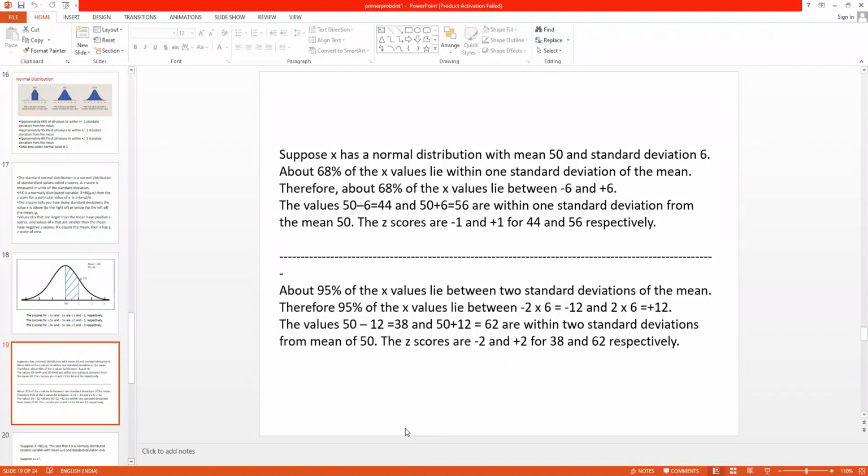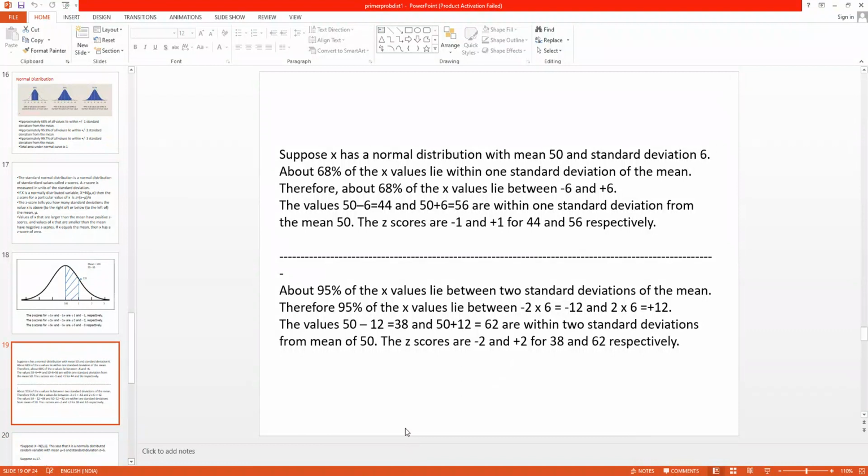X has a normal distribution with a mean mu of 50 and standard deviation sigma of 6. From the earlier slide, we know that about 68% of the values lie within plus minus 1 standard deviation. So 68% of the x values will lie within plus and minus 6, because the sigma value is 6.